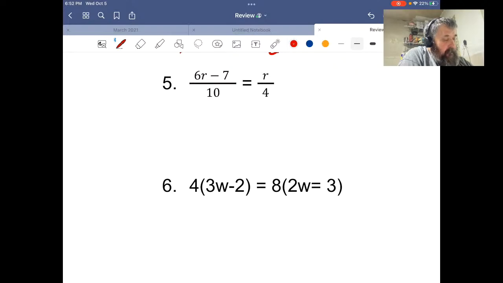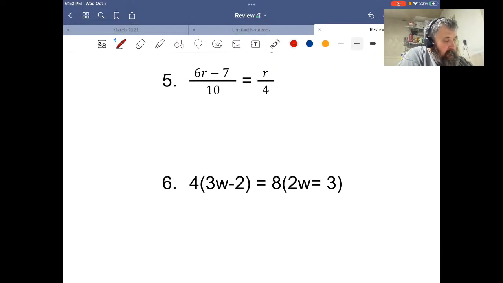Okay, let's see. So let's do this. We'll just say 40 is the common denominator for each.